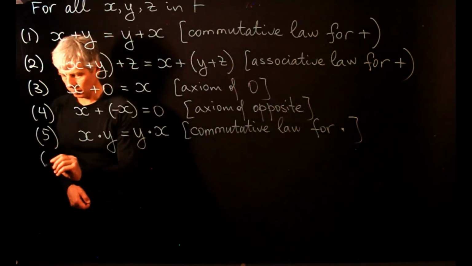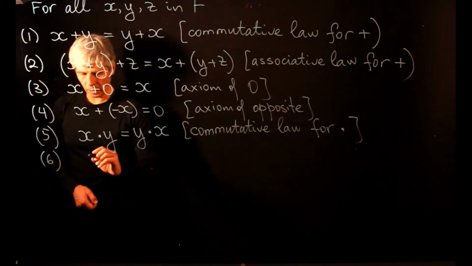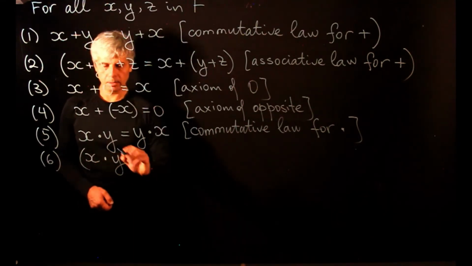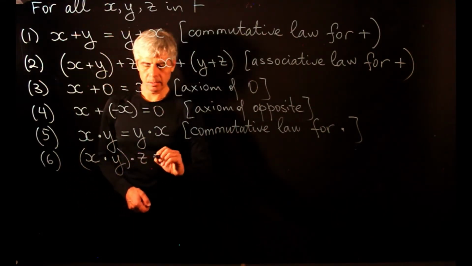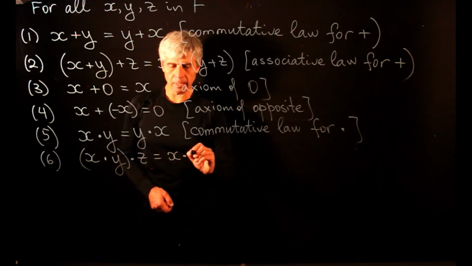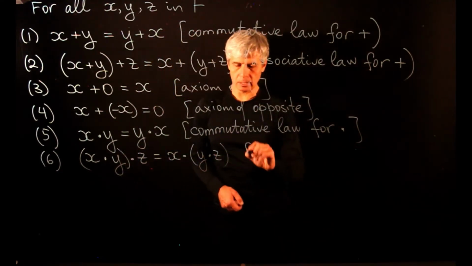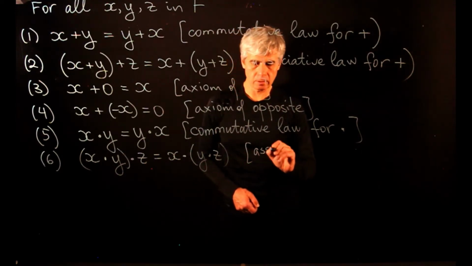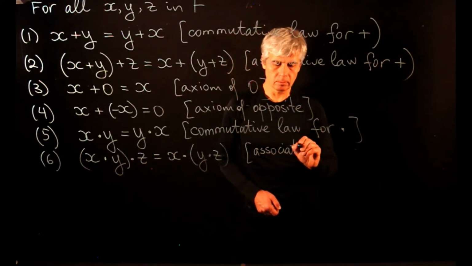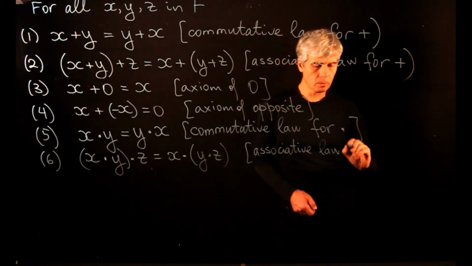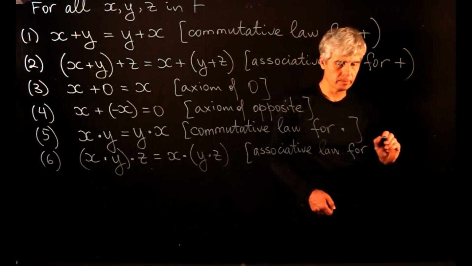Six. x times y times z is equal to x times y times z. So this is the associative law for multiplication.